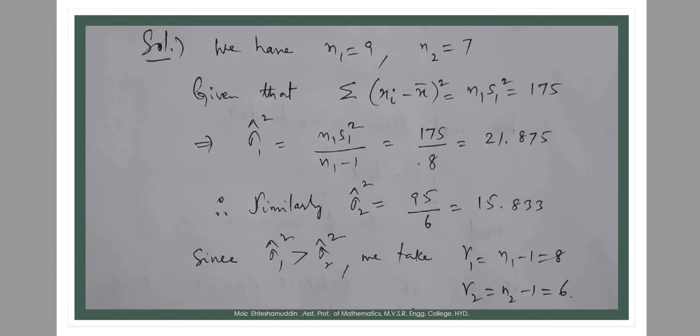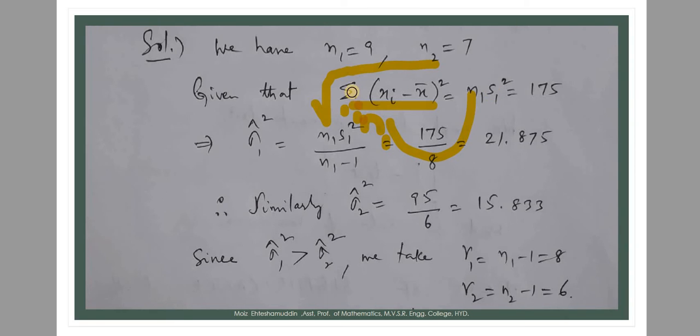By removing this square, I'll take the square root here. So better I'll try to draw it. I take this n1 here, then I'll be getting just this s1. This square is gone. So this is the formula for the standard deviation of the sample. But the standard deviation of the sample is not given.